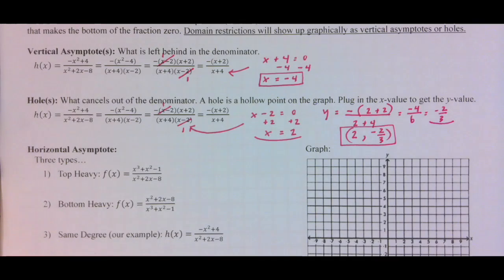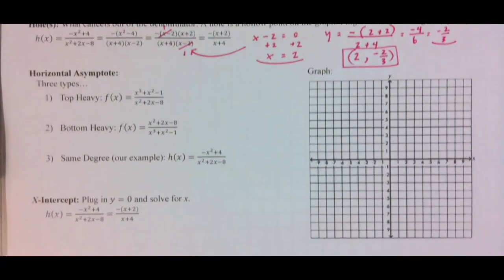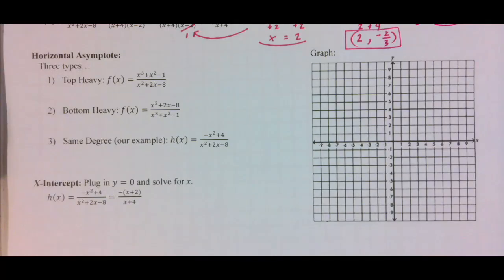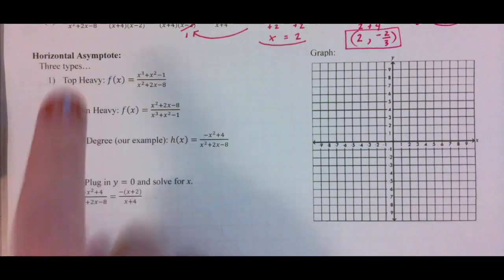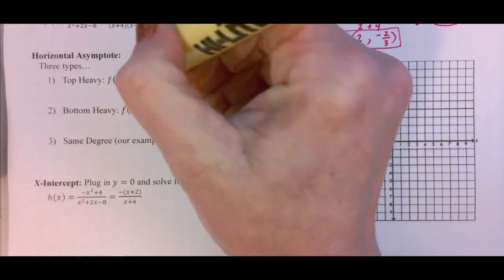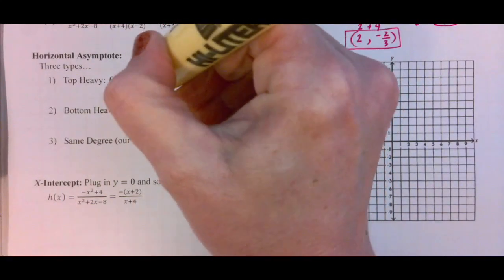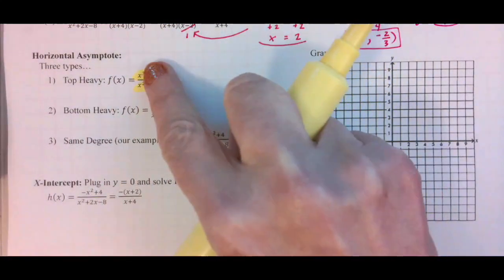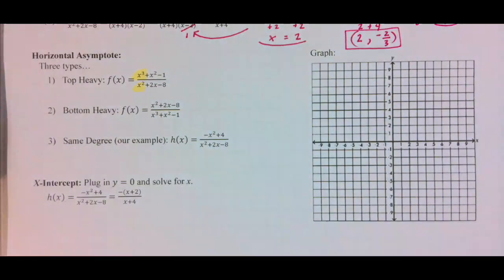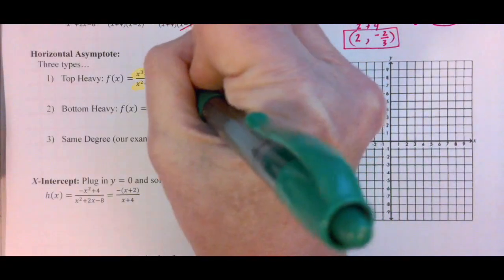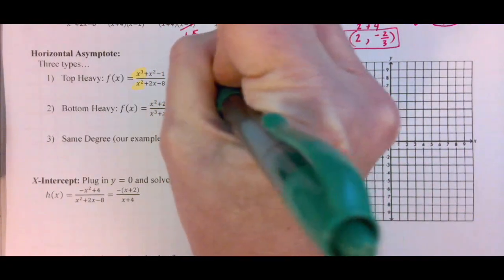Horizontal asymptotes, we have 3 types. It's really contingent on, is it top heavy? Top heavy means you have a higher degree on top. I see that I have something cubic over something quadratic. And when it's top heavy, we don't have a horizontal asymptote.